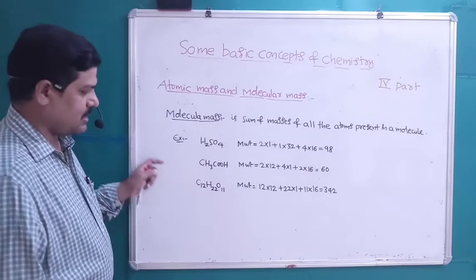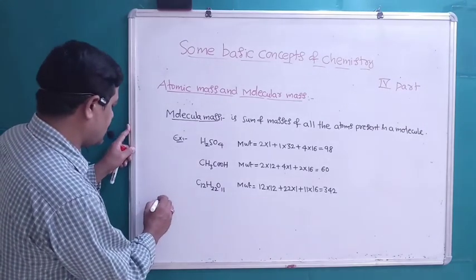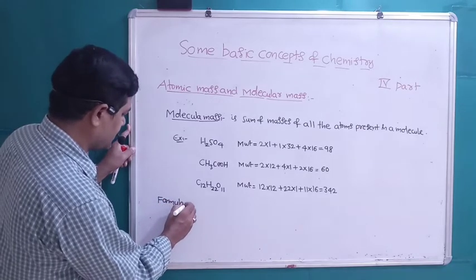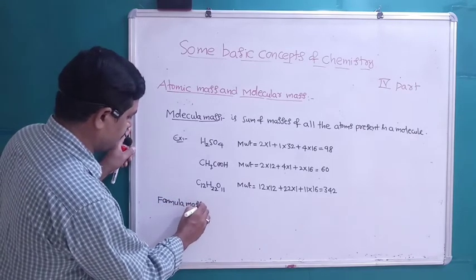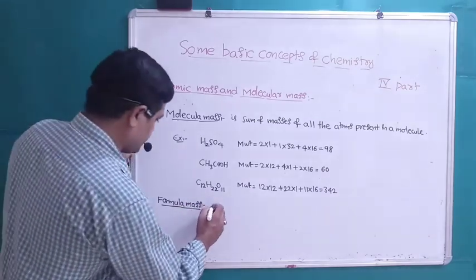We are getting, right? So for ionic compounds, we won't use molecular mass, we will use formula mass. Formula mass is generally used for ionic compounds.